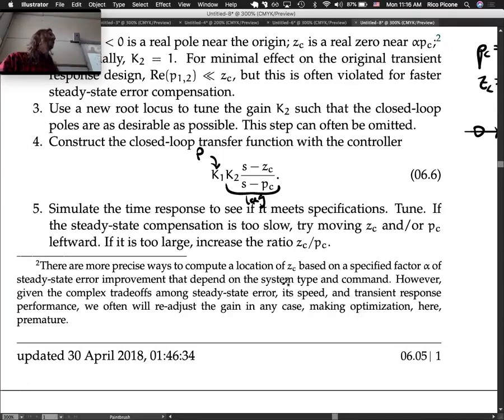Yes? You're talking about inserting poles into a system for control, like in actual systems. How do you add a pole to a real system? Great question. Wonderful question.